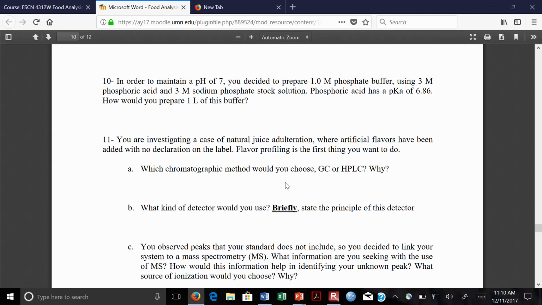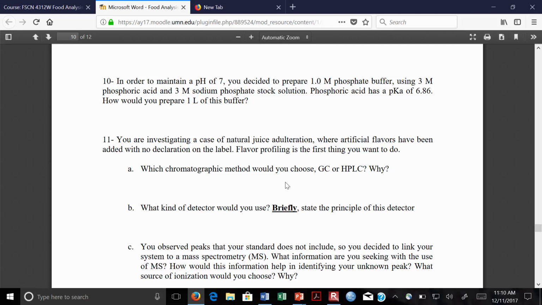And I'm starting with 3 molar, solving for volume. I want 1 molar and I want 1 liter of that. Molar, molar. Okay, and then my volume, this will cancel, and then my volume is 1,000 milliliter over 3.